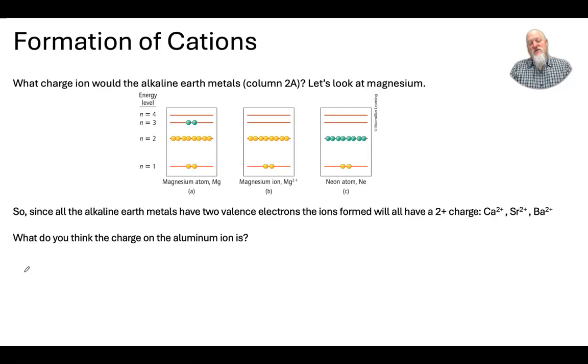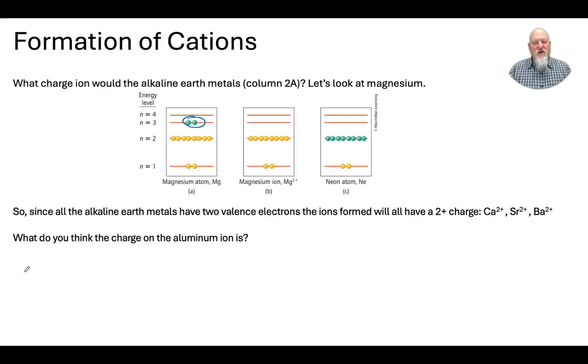Now, if we go to the second column, the alkaline earth metals, the first one of those is magnesium, Mg. If we look at the electrons in that, we can see there are 2 electrons in that n equals 3 energy level.